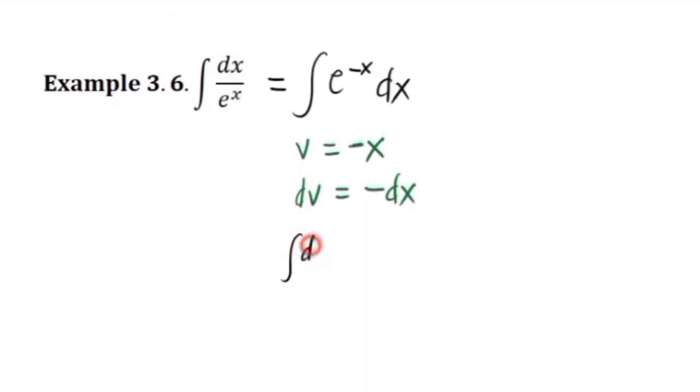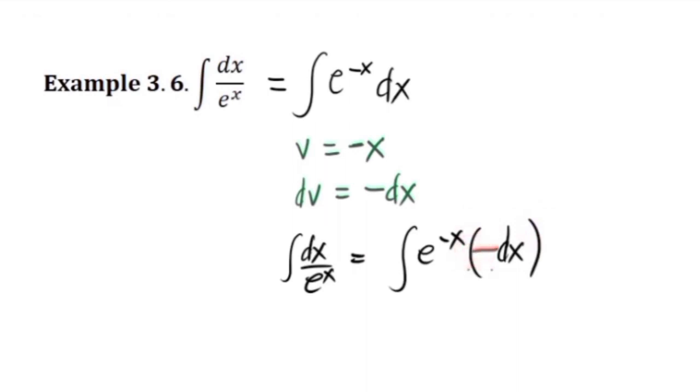So the integral of dx over e raised to x, so para maging derivative ng exponent natin itong katabi niya, we have to multiply negative dito sa loob. So since nag-multiply tayo ng negative sa loob, we are required to multiply negative din sa labas.